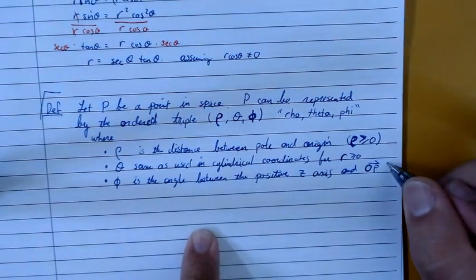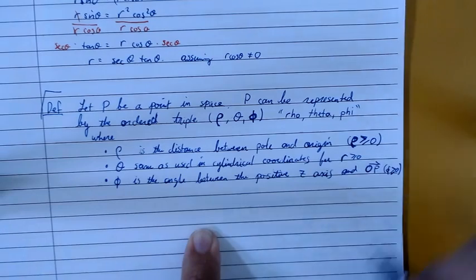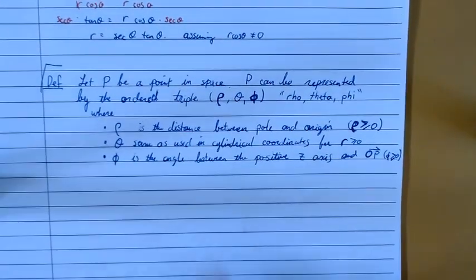Here, this angle should always be positive, or I guess I should say greater than or equal to 0. All of these can equal 0 if we need them to.